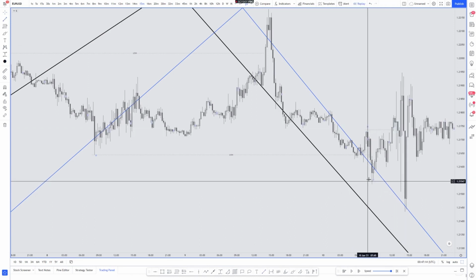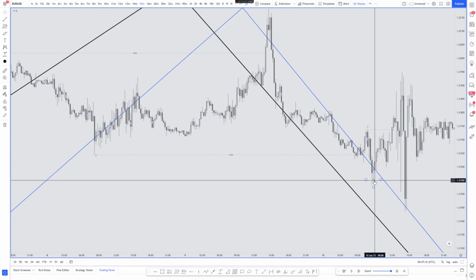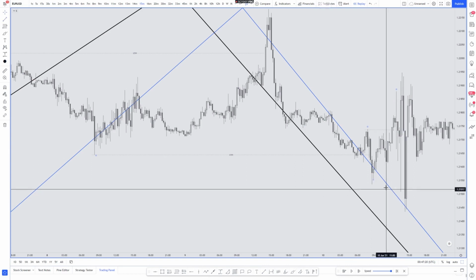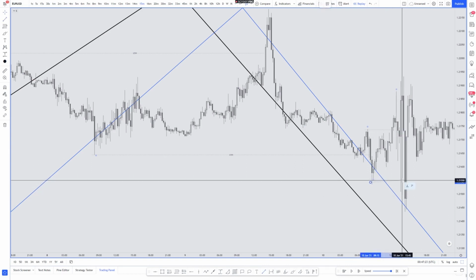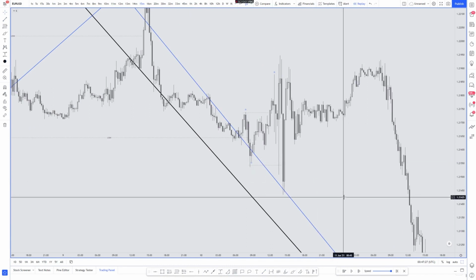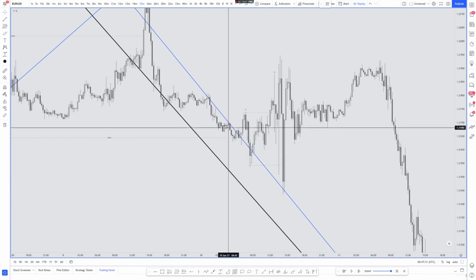So this is one of those really not awesome areas that you sometimes get, and this is obviously news driven. This is not typical EU behavior, but once again you can see it's one of those ranges.